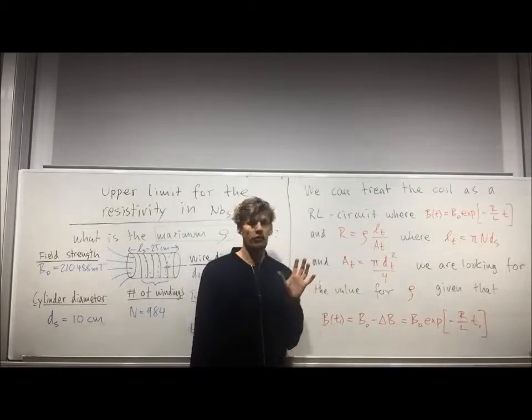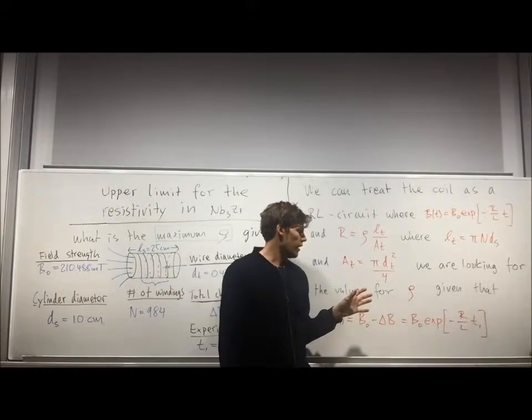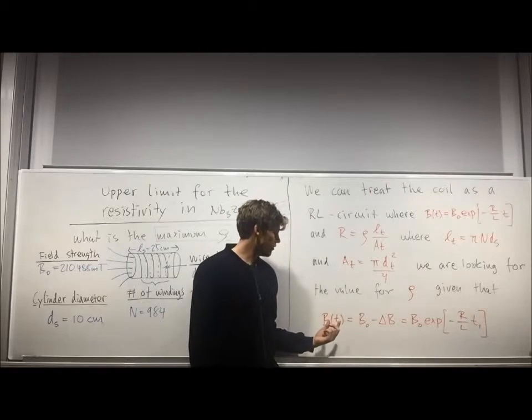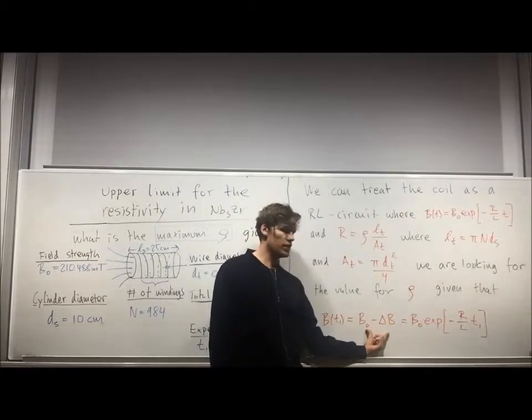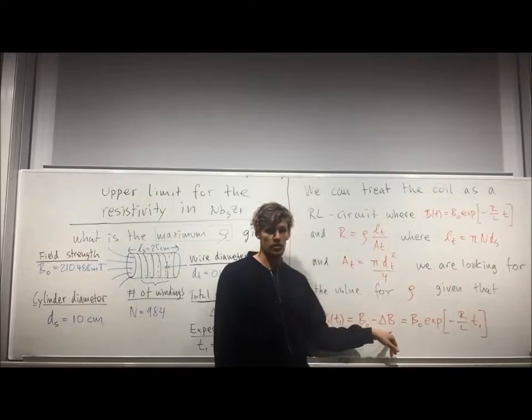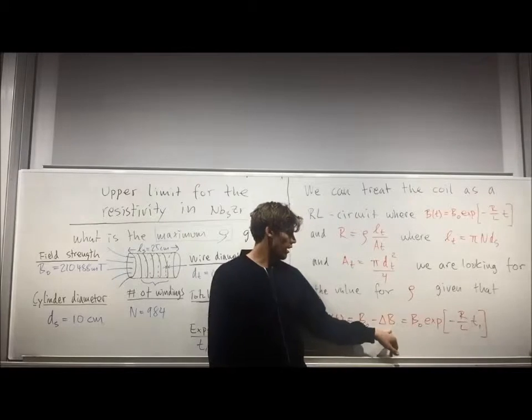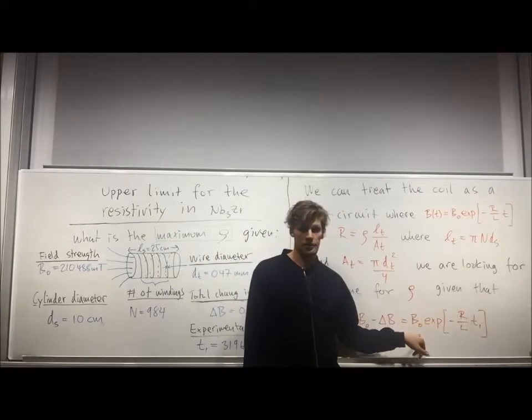We're now looking for the value of the resistivity, where after the measurement we know there's a new magnetic field equal to the initial magnetic field minus the difference, and according to the model that should be equal to this expression here.